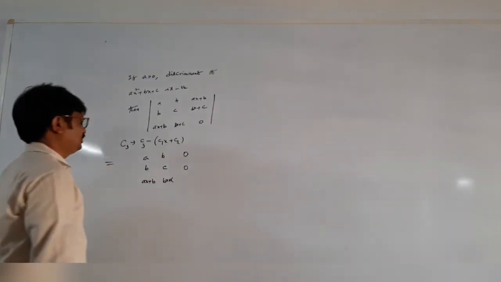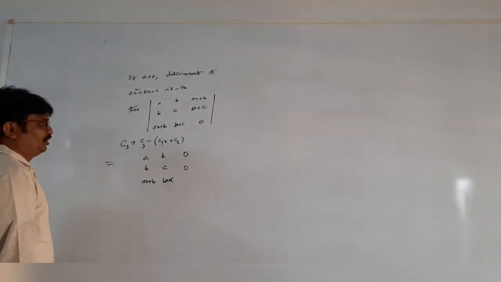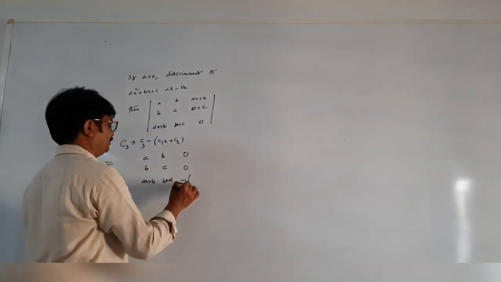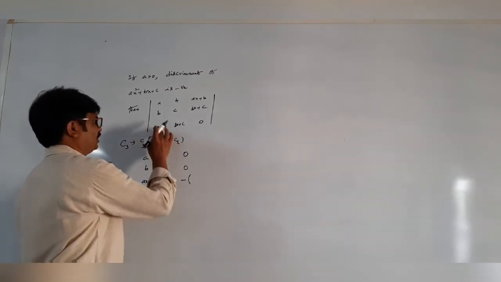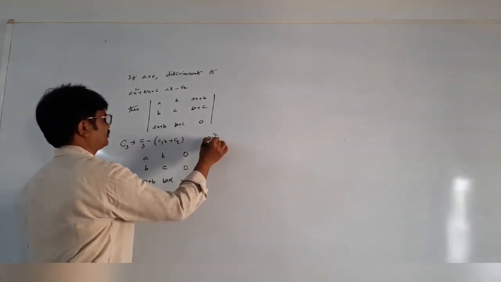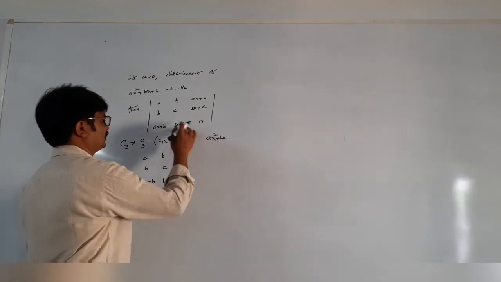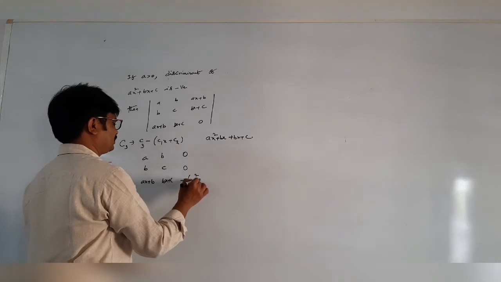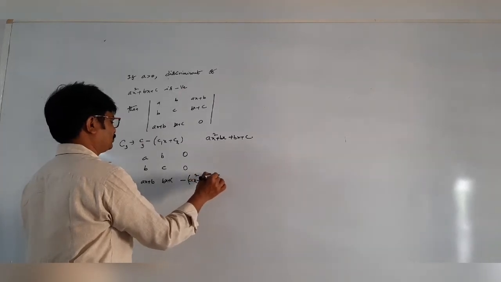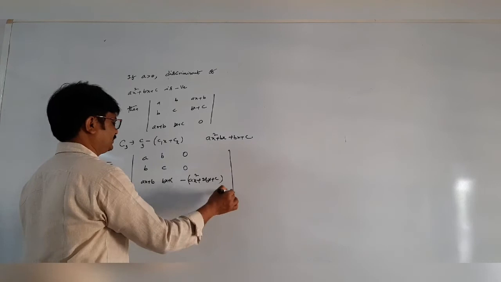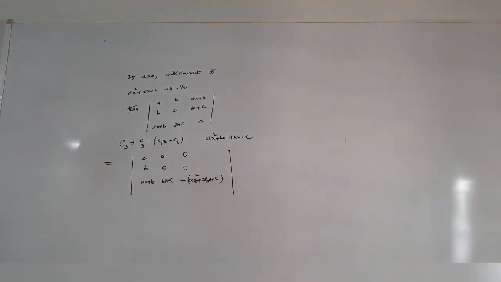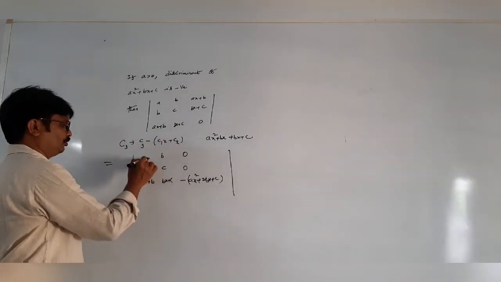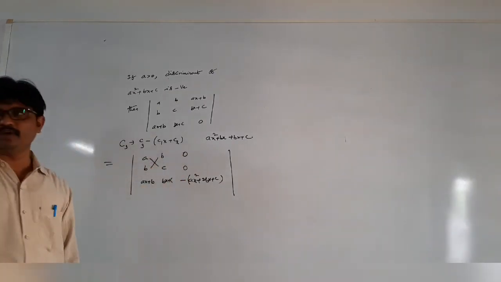Look at C3 minus C1 x: that is 0 minus, that is ax square plus bx plus c, and 2bx plus c. So dear students, we know how to write this: 0 into minus 0 into this one into ac minus b square.